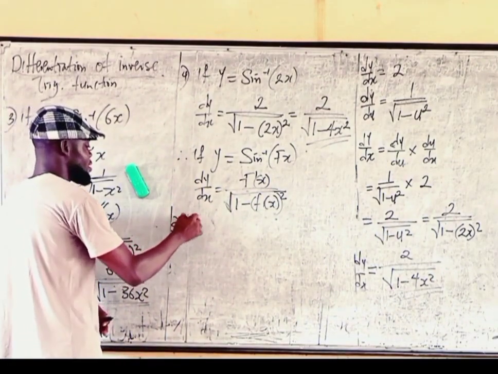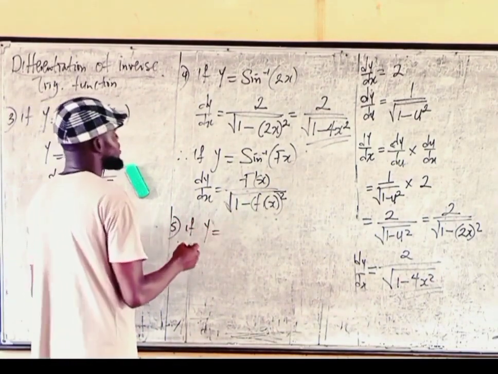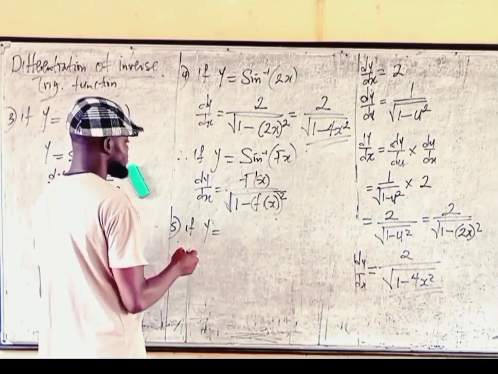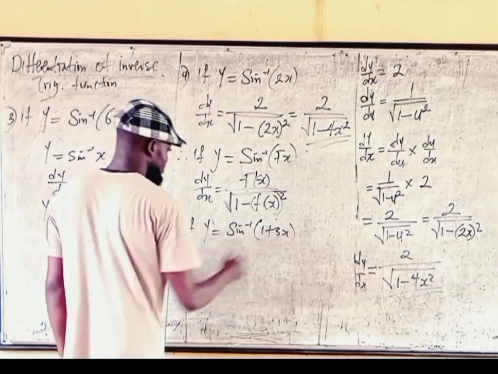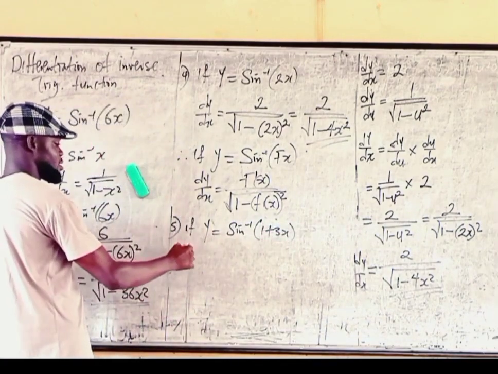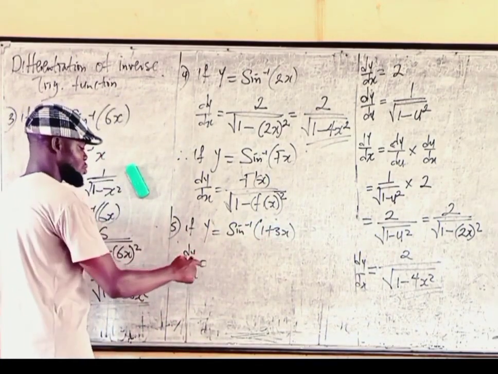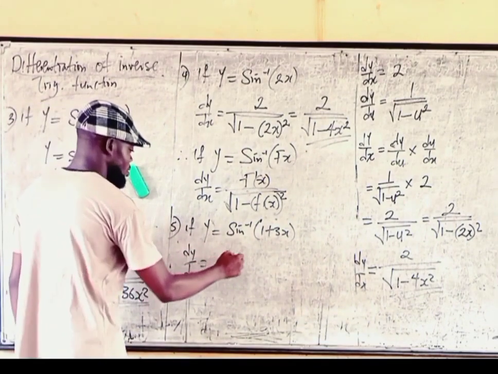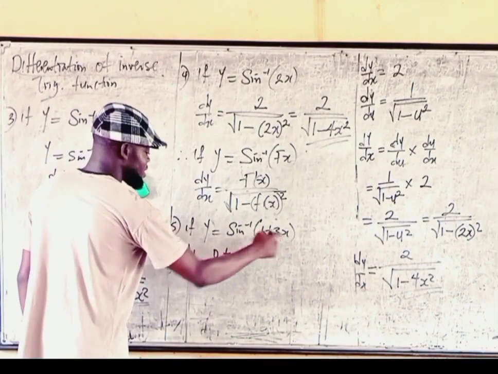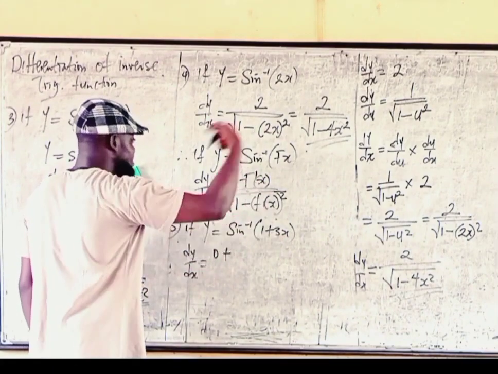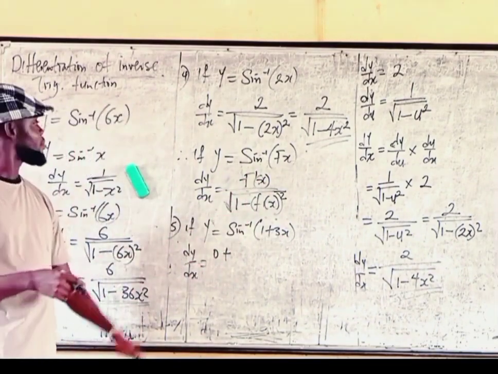Let's look at another question, question 5. If y is equal to, let's say, sine inverse of 1 plus 3x, dy over dx will be equal to differentiate 1 plus 3x. Differentiating 1 is 0, plus differentiating 3x.